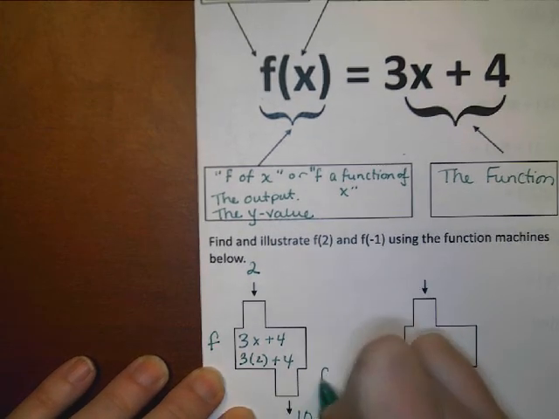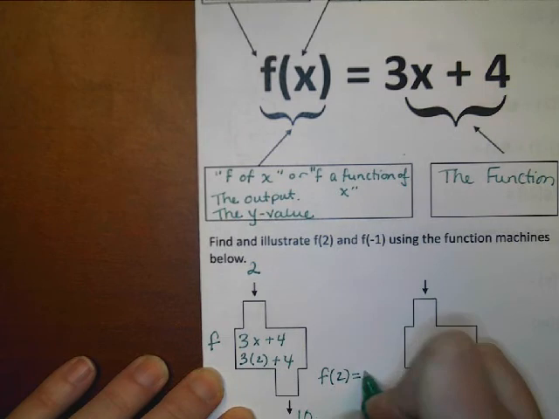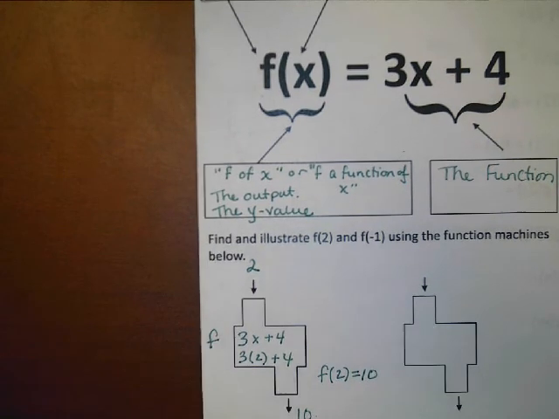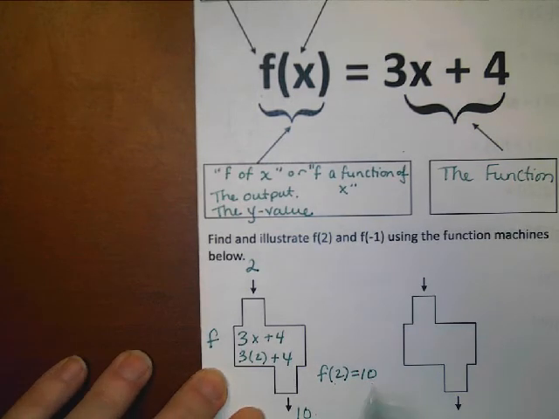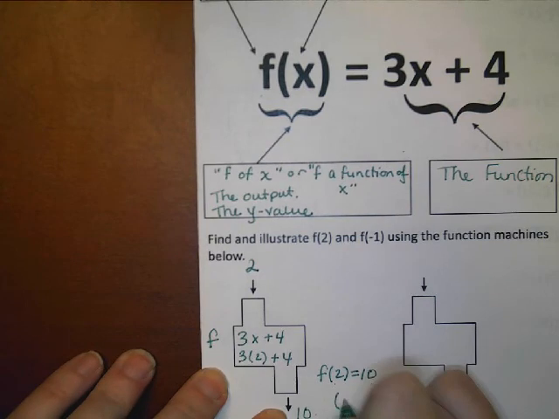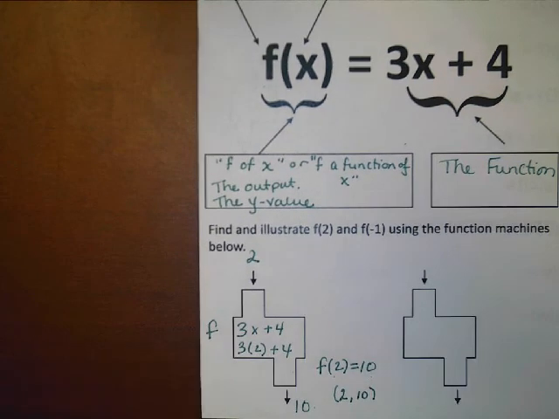So that means f of 2 equals 10. What this tells us is that when x is 2, y is 10. So it's the ordered pair (2, 10). Does that make sense to everyone? Yes. When x is 2, y is 10.